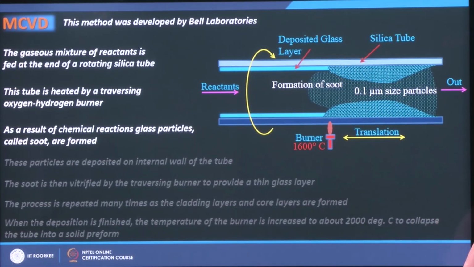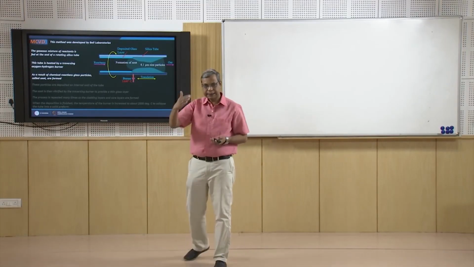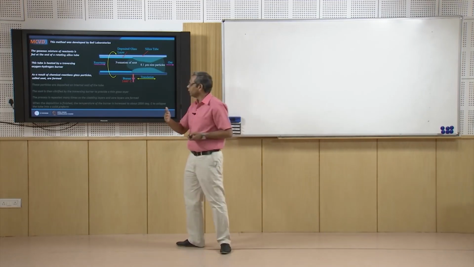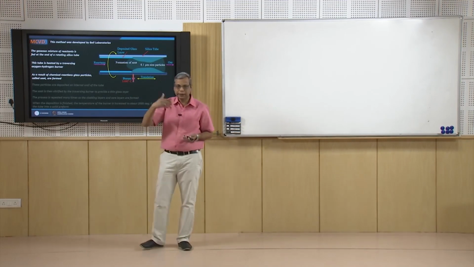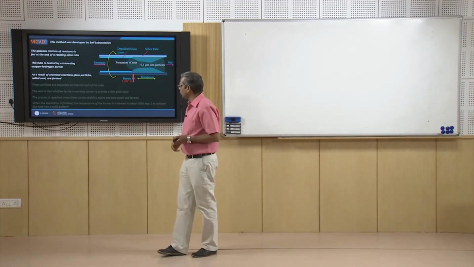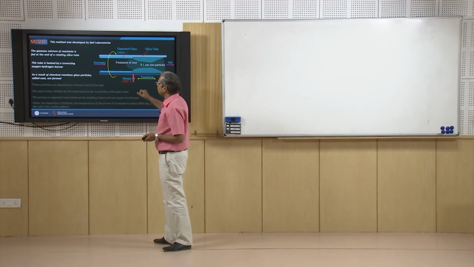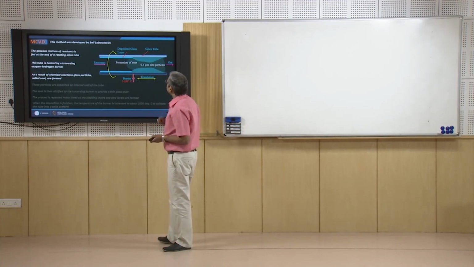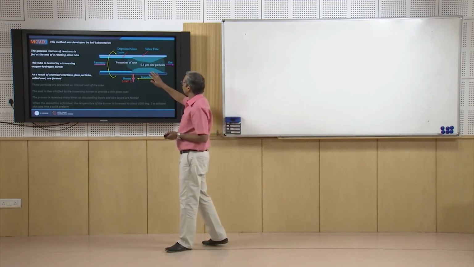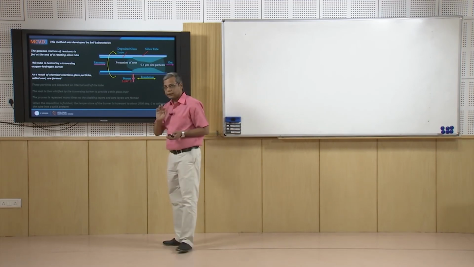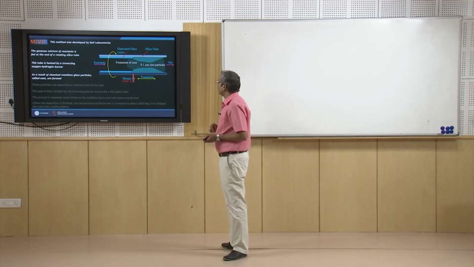Everything is well monitored. You monitor it using camera. You always monitor the temperature very carefully, and this is a fully automated machine to make the fiber preform. So, you can see that as soon as it will reach this end, the burner will go back and then it will start again.